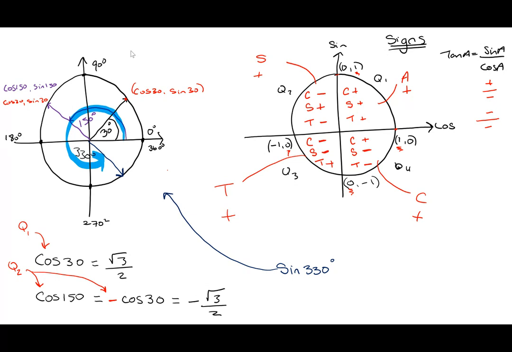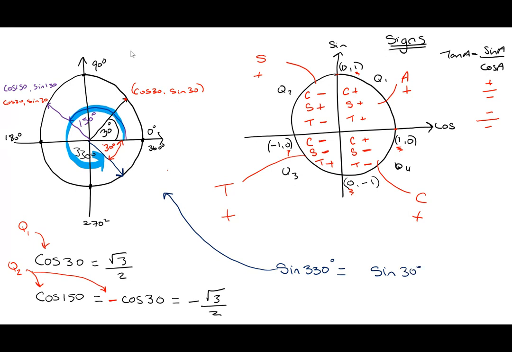Remember, your reference angle always has to go to the horizontal. So my reference angle in this case is this one. So this angle here is 30. Now, sine 330 is the same as sine 30.